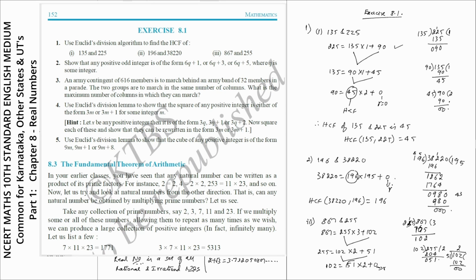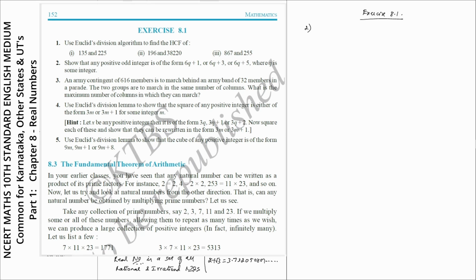Therefore this 51 is the HCF of 867 and 255. Therefore HCF of 867 comma 255 is equal to 51, and that completes problem 1.